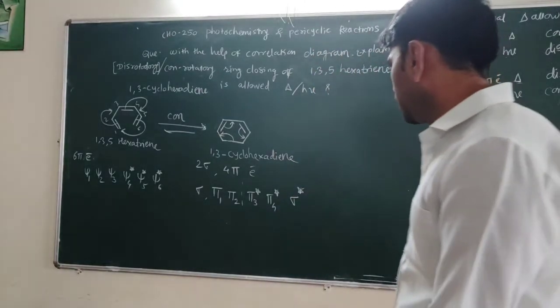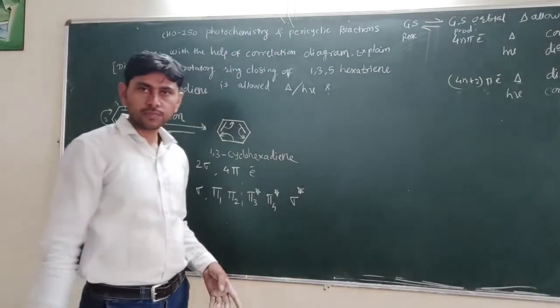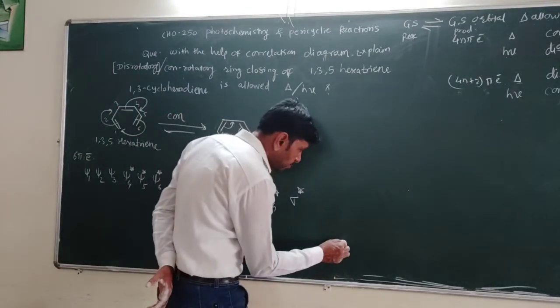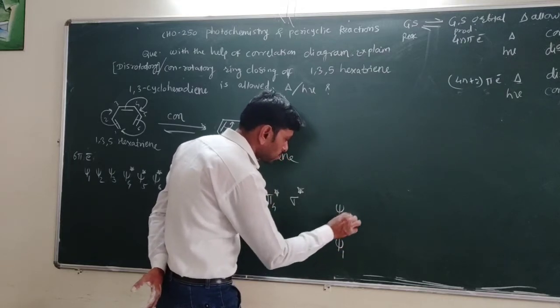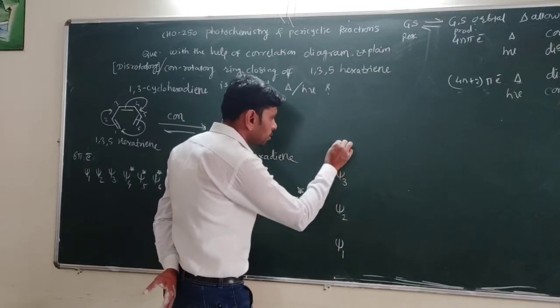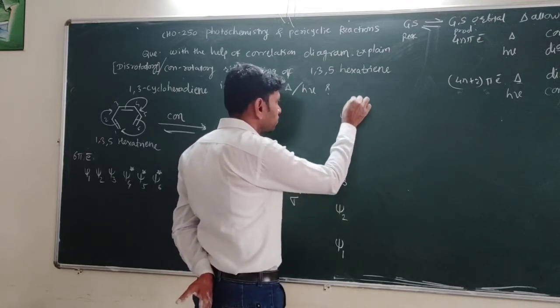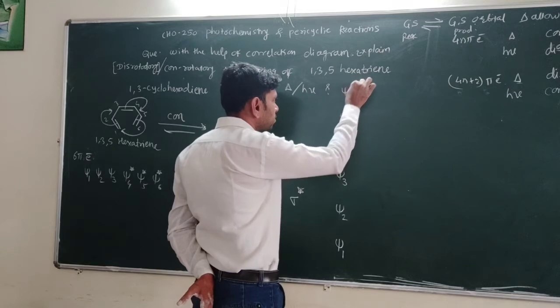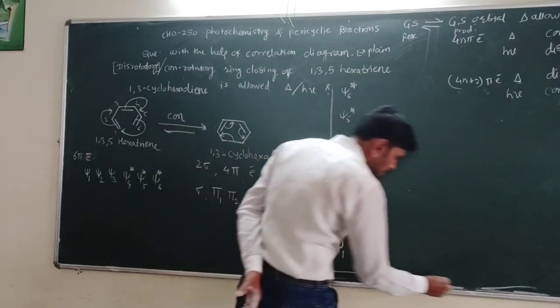Now we have to draw the molecular orbitals in an energy-wise manner. So drawing the molecular orbitals: psi 1, psi 2, psi 3, psi 4 star, psi 5 star and psi 6 star. Energy-wise you can draw orbitals in this manner.